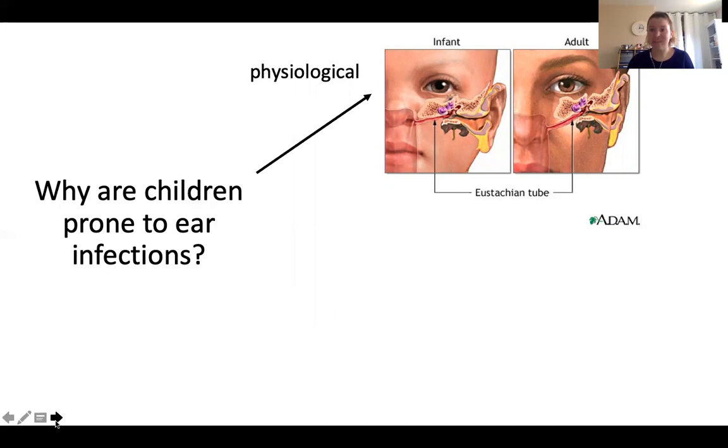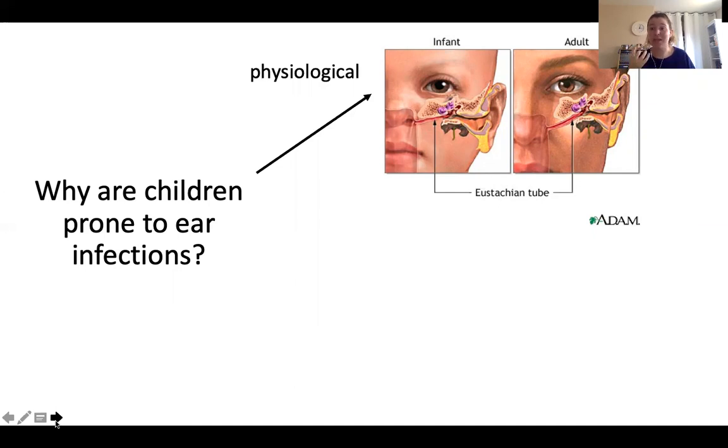But with infants, when they're born, when they're really young, that eustachian tube is a lot shorter. And also with it being a lot shorter, it's a lot more shallow. It doesn't have as steep a curve as an adult has. And so when fluids drain out, it's a lot quicker than an adult. But when you get sick, say with a cold, and you start sniffling, and it gets clogged, you start pushing back the fluid that's trying to be drained out back into the middle ear space.